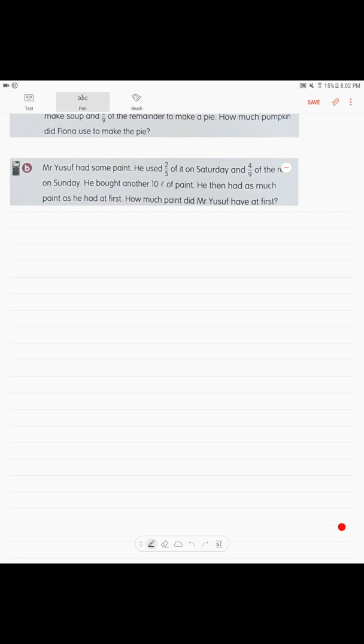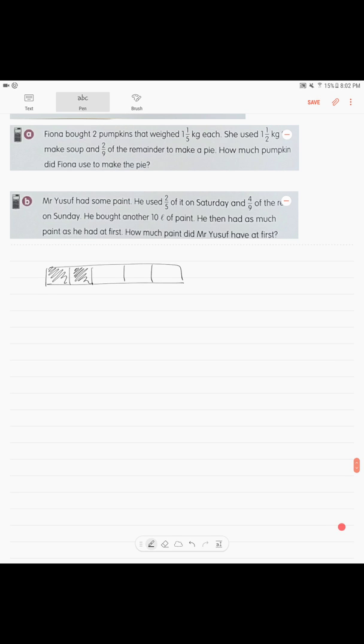Okay, now you have to be very careful with all your models and all the moving of paint and stuff, right? So you have your total, right? Total, something happened, right? Now he used 2/5 of it on Saturday. What do we do? We divide into 5 units and we write the 2/5 were used, right?